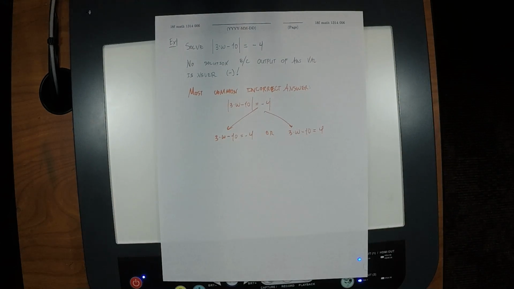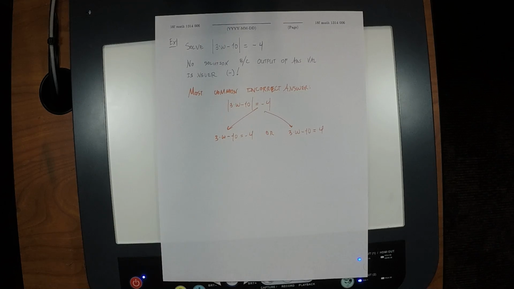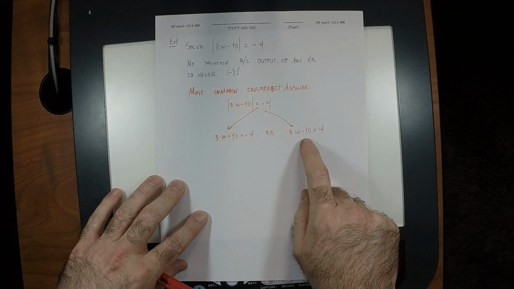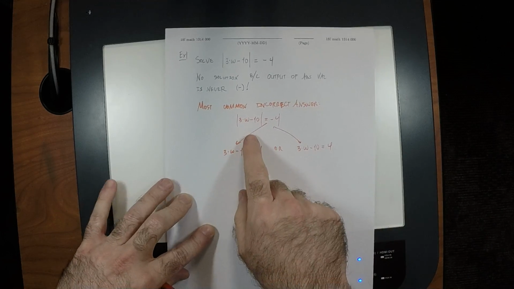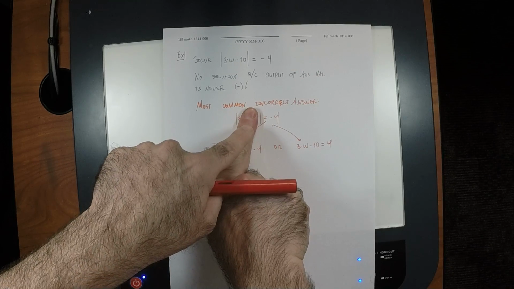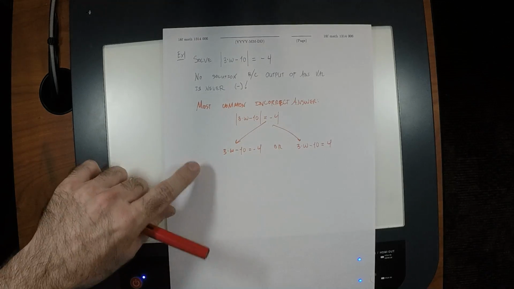So, if you're writing that down, be sure to note that that's wrong. So that's the most common incorrect answer. It's incorrect because, after all, there's nothing that I could be covering up so that negative 4 would come out. Any question about this one?